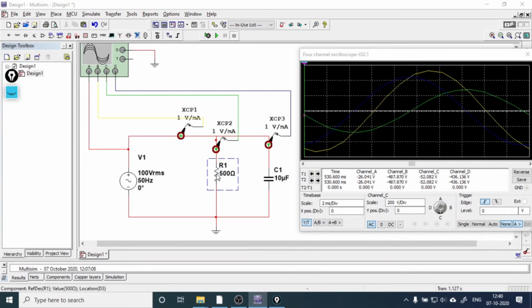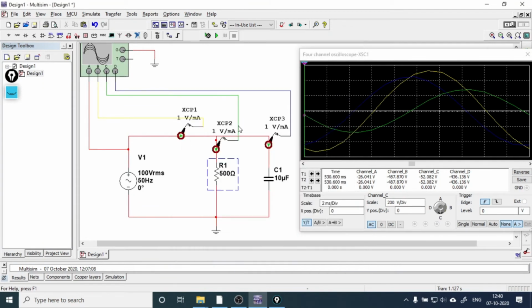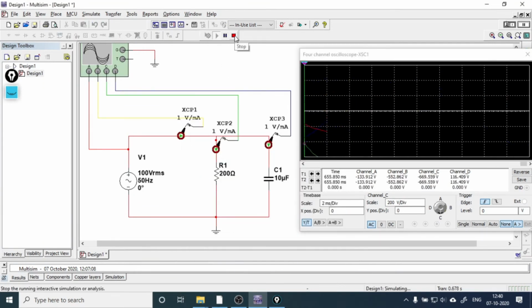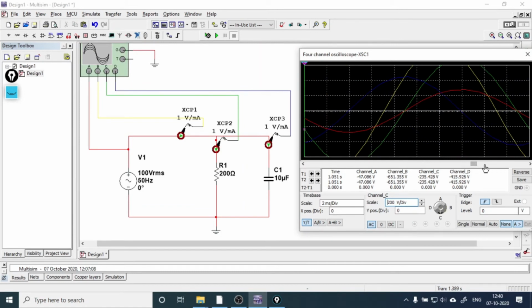Double click it. So to increase the dominance of this current, what we'll do, we'll decrease the resistance. So we have decreased the resistance, we have run the circuit, stop the simulation, and you can observe it from here. It's out of the window.